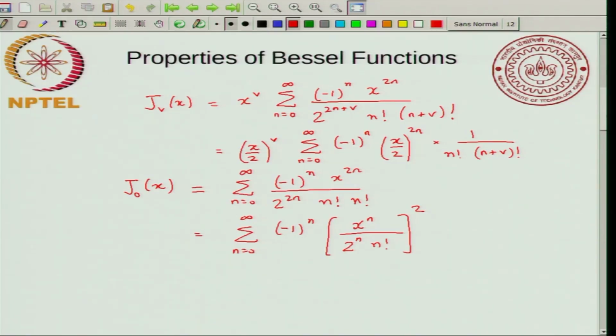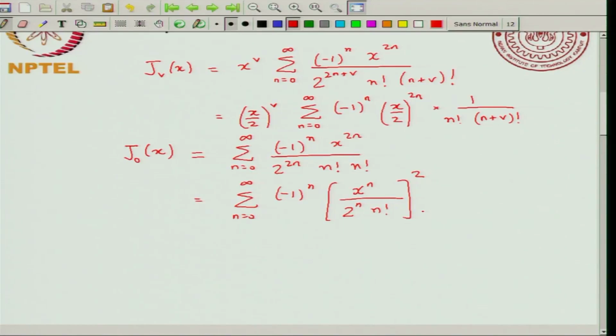Now, I will just illustrate what these Bessel functions look like. This is clearly a function of x, and since it involves only even powers of x, it is an even function of x. If I plot J_0 of x as a function of x, I will use the red color.